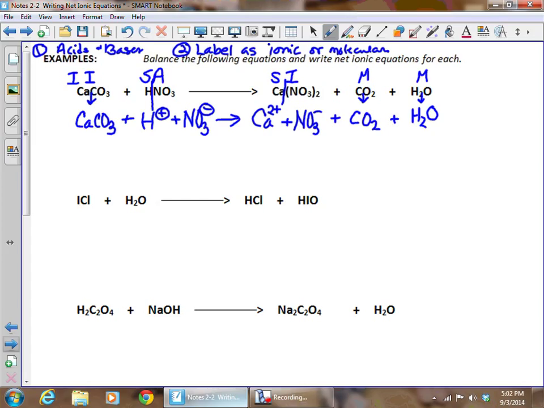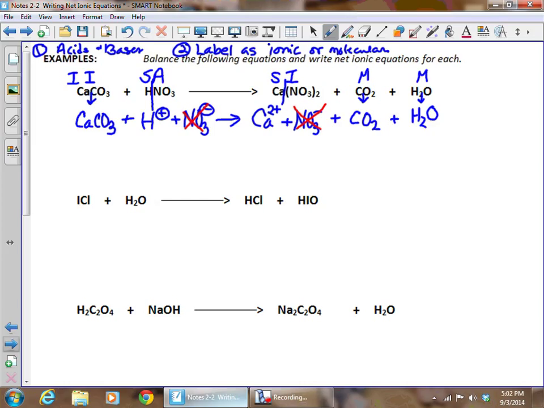But what we want to get is the net ionic, and net ionic is going to get rid of anything that is identical in charge and formula on both sides of the equation. If you notice, we've got nitrate here and here on both sides of the equation, so those are going to drop out.